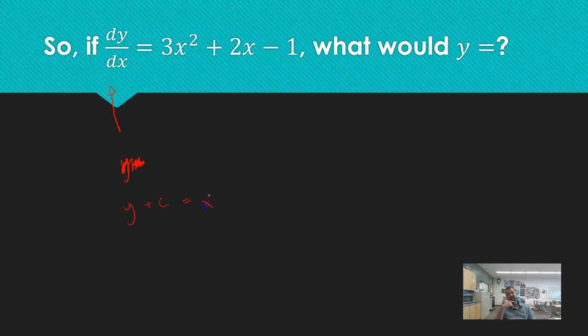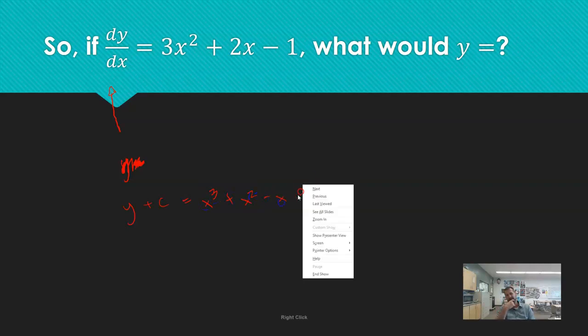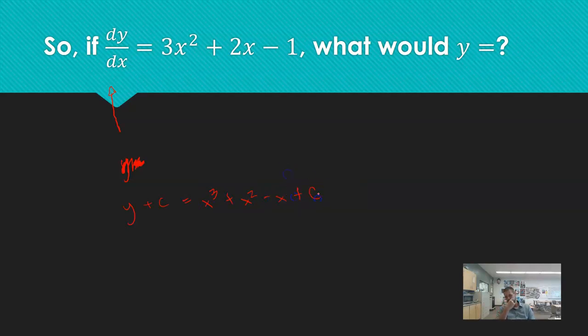We just barely talked about the antiderivative of 3x squared plus 2x minus 1, which is all of that. So I've got y plus c equals x to the third plus x squared minus x plus c. Now, these two c's are not necessarily the same, so I'll call this one c1 and this one c2.